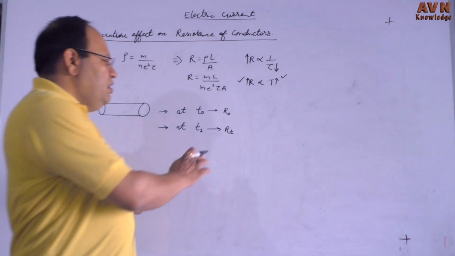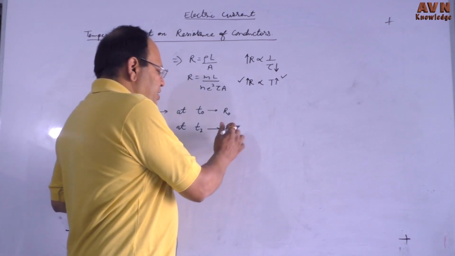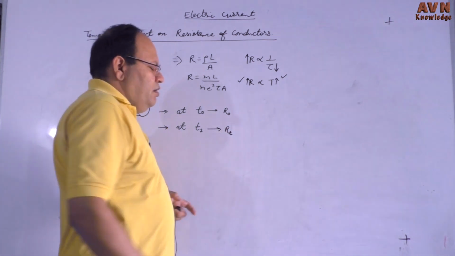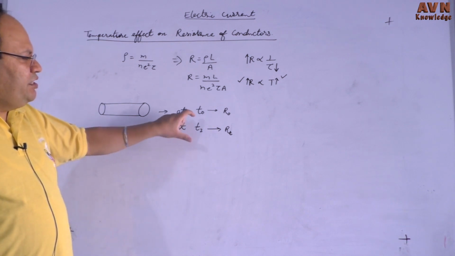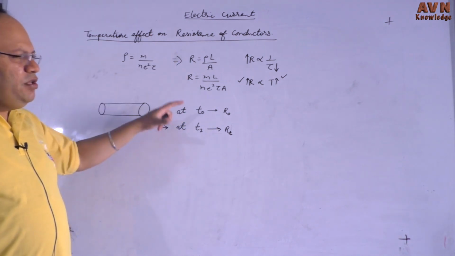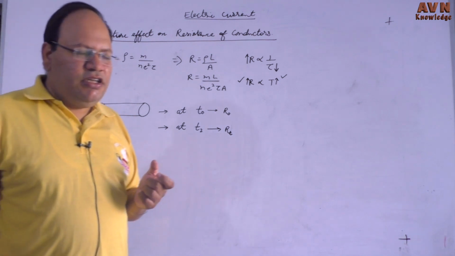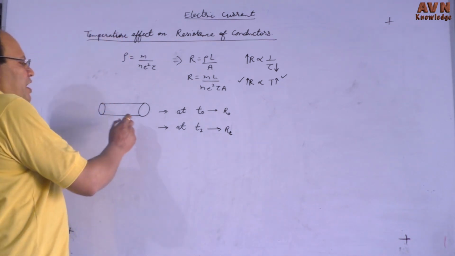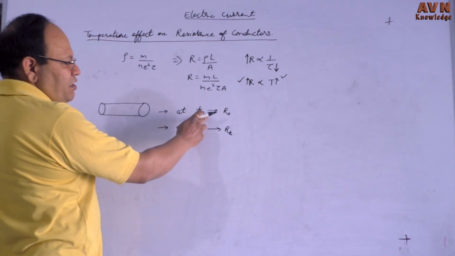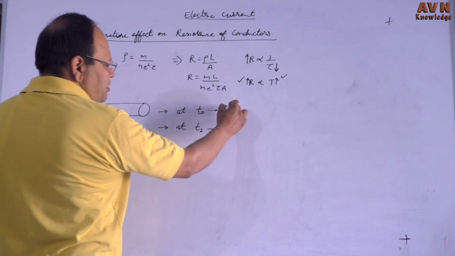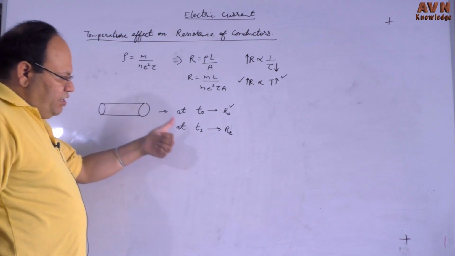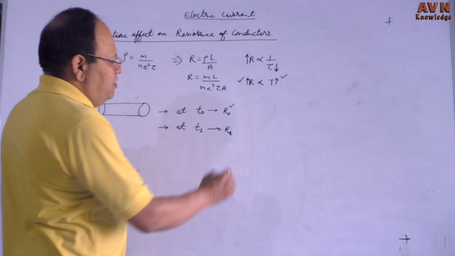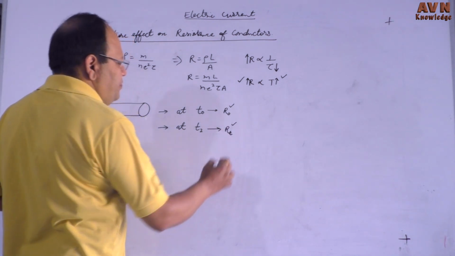RT is the resistance at this temperature; whether the resistance increases or decreases depends on increasing or decreasing the temperature. At the initial temperature, the resistance is R0. When we increase the temperature, the resistance is RT.